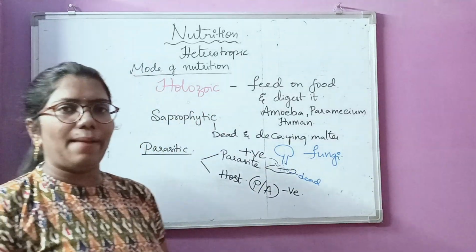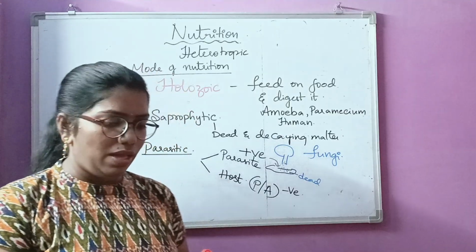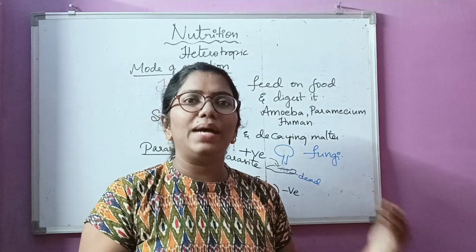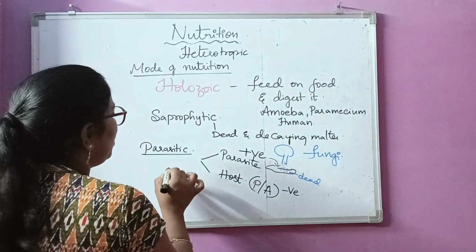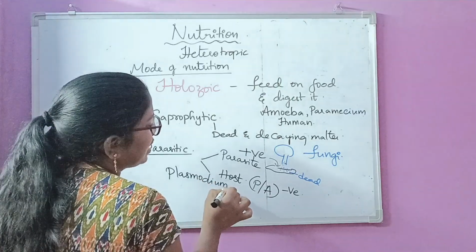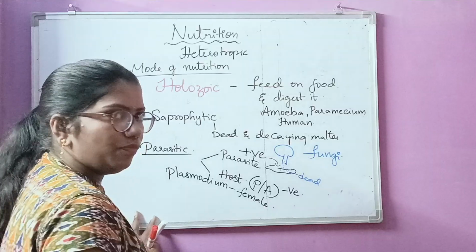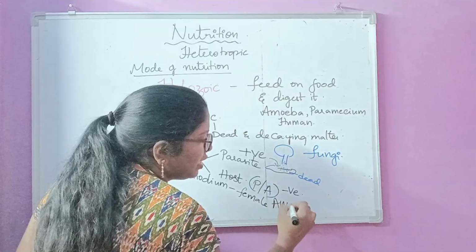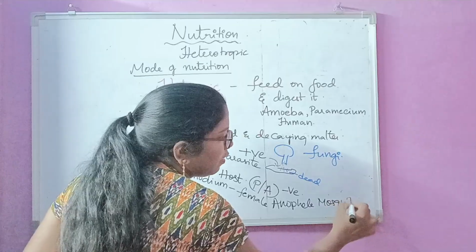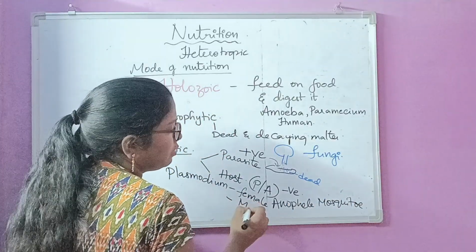Let me give you some examples. For example, you take Plasmodium, the malarial parasite, which causes malaria. The host for this Plasmodium is the female Anopheles mosquito, and the next one is man.